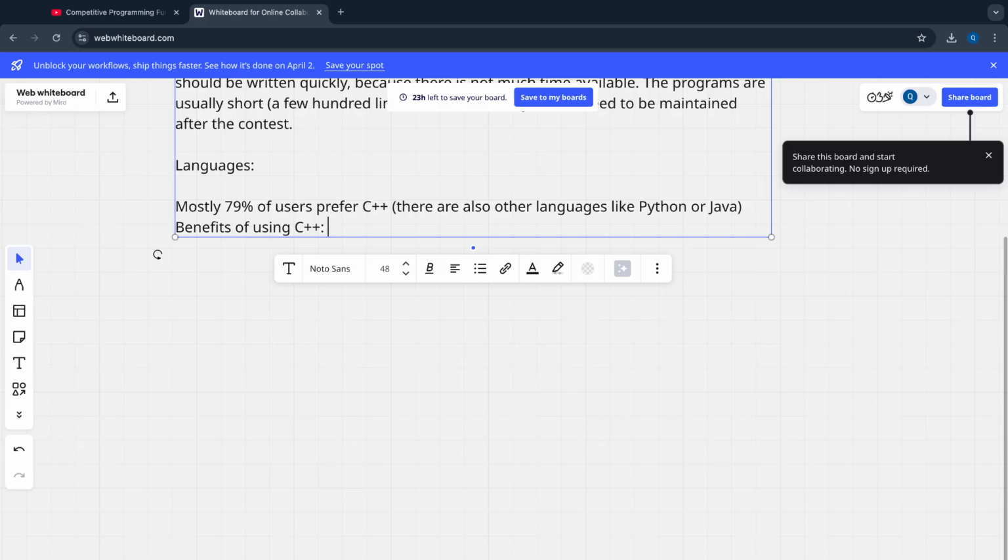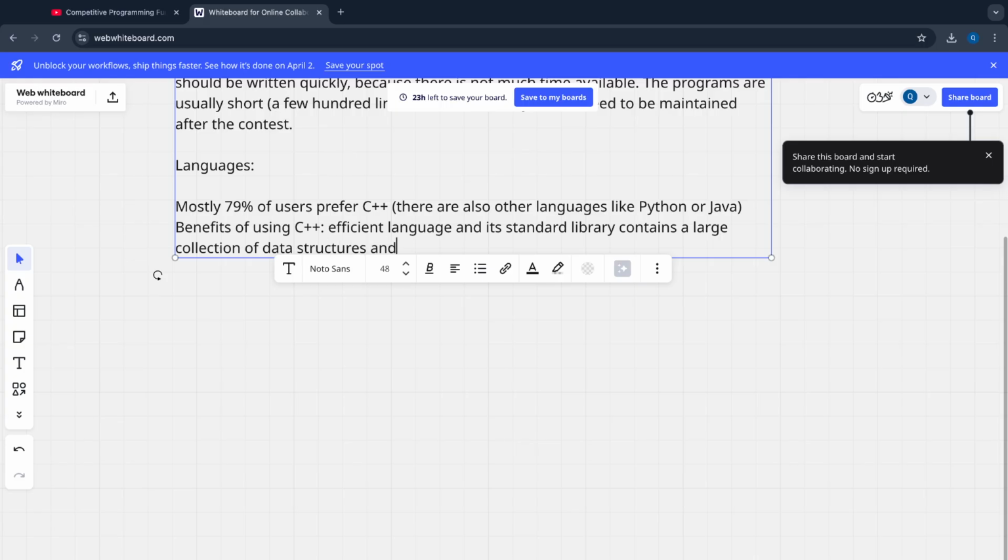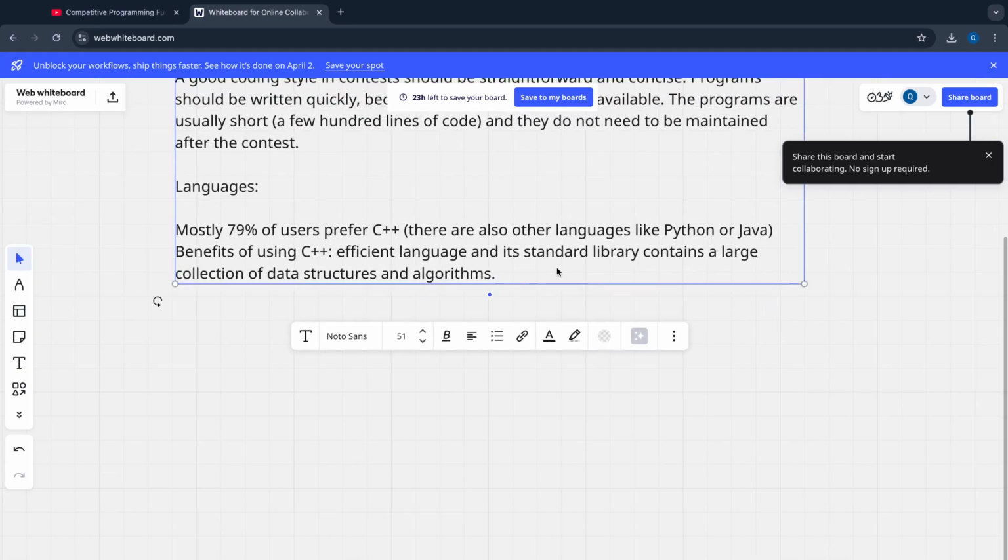The first thing is it is an efficient language, and its standard library contains a large collection of data structures and algorithms. You can take advantage of these benefits.